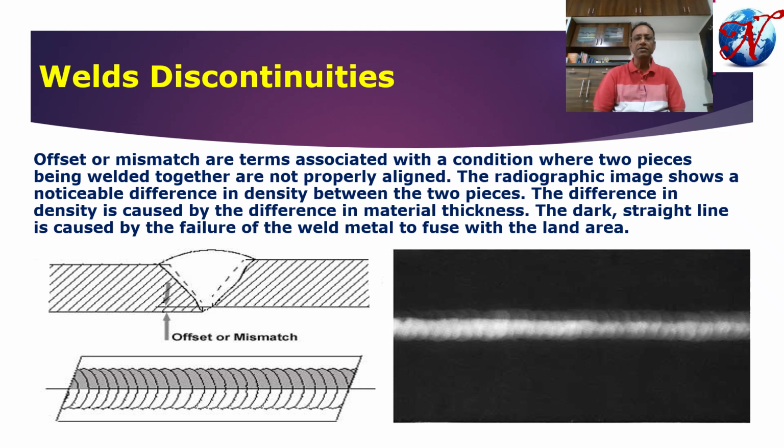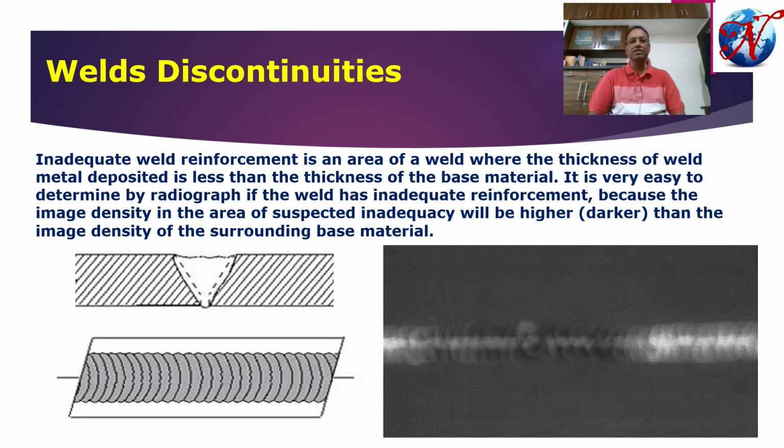This kind of severe welding defect is not produced by a skilled operator, so offset is acceptable up to some length. The difference in density is caused by the difference in the material thickness. The dark straight line is caused by the failure of the weld metal to fuse with the land area. If that does not appear, then the mismatch will be acceptable.